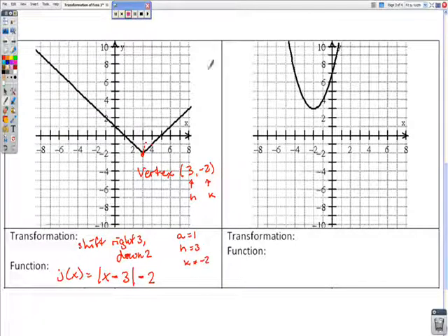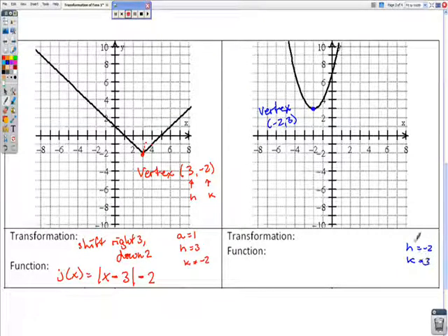Let's go to the next one. Well, we start with the vertex. Okay. The vertex here is (-2, 3). Okay, so that's our h, and that's our k. So h is -2, k is 3. Quick check on a.